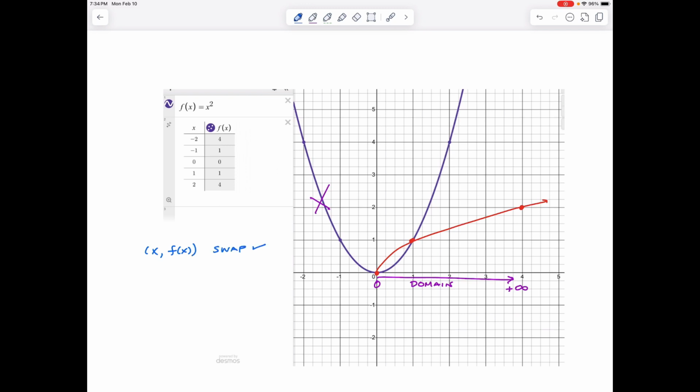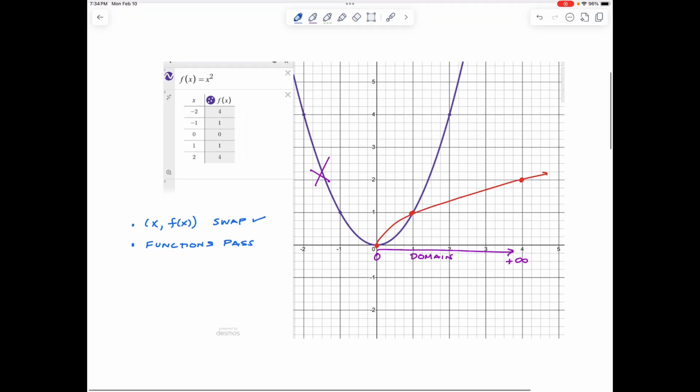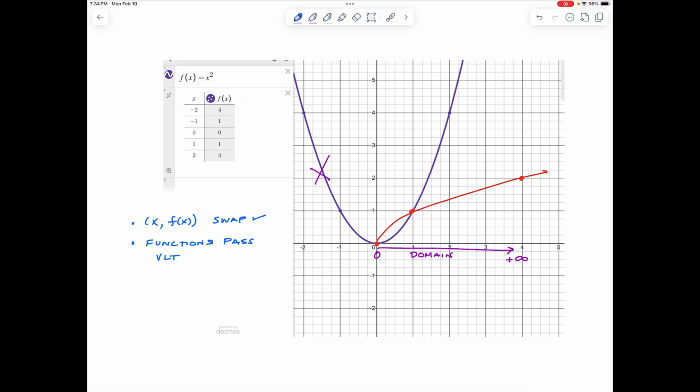So for inverses, characteristics include the x and f of x points are going to swap. We're also going to see the functions are going to pass both the vertical line test and horizontal line tests. The functions are going to be one-to-one, which means they have one unique y value for every x value.